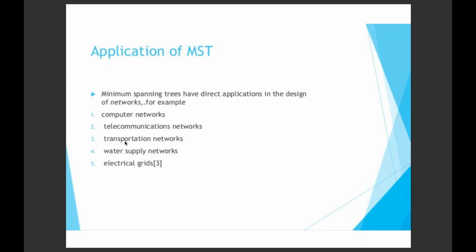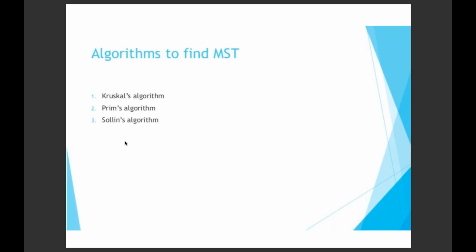highly required. Now there are three important algorithms to find the minimum spanning tree. You've got Kruskal's, Prim's, and Sollin's. So these are the three algorithms. We have even one more algorithm called the Dijkstra algorithm, which is a traditional algorithm that I think is not that challenging for anyone to understand.